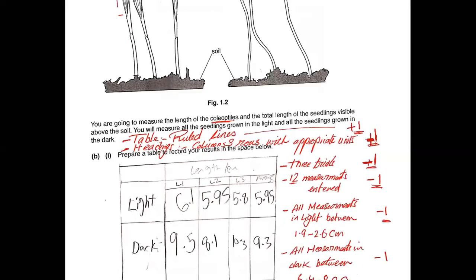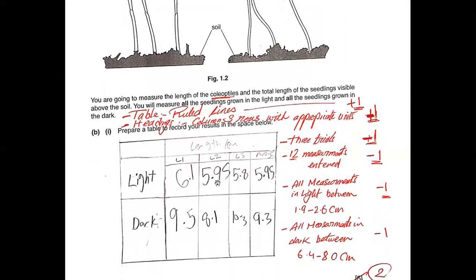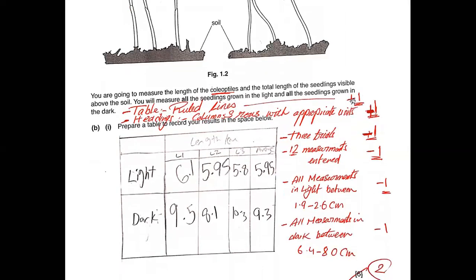Number 1, the table should have ruled lines. He took a mark because he made a table with ruled lines. Number 2, the headings, or the columns and rows, should have appropriate units in the headings, not in the data cells. He took also a mark because he put the units in the columns, but in some cases the examiner may not grade him a mark here because the columns are not enough.